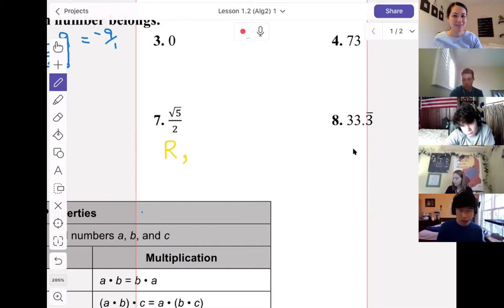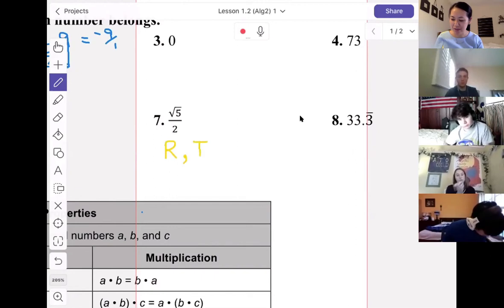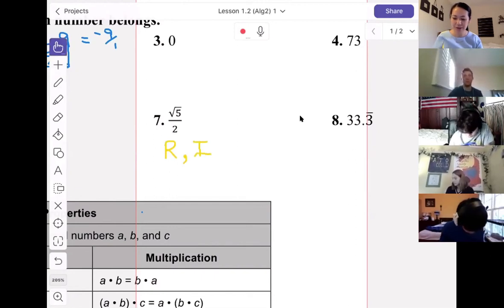All right, second, is it rational? Yes or no? Is it a rational number? Ooh, I'm seeing some yeses, some nos. Ooh, okay, this is where it gets tricky. All right, so the answer is no. This is not a rational number. This is irrational. The reason why is you can't just look at the fraction, right?